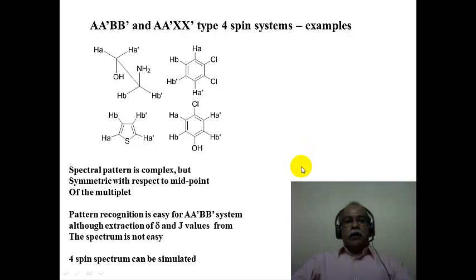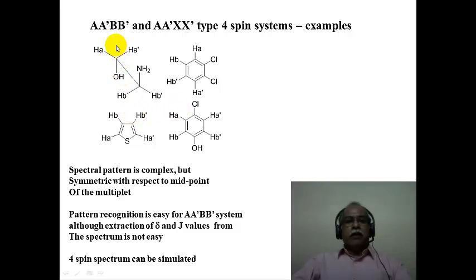Now let us come to the last part of the second order spectrum, namely AA prime BB prime or the AA prime XX prime kind of a system, which is a 4-spin system. Examples of AA prime BB prime or AA prime XX prime are given in this particular figure.